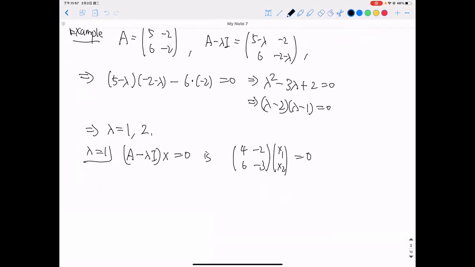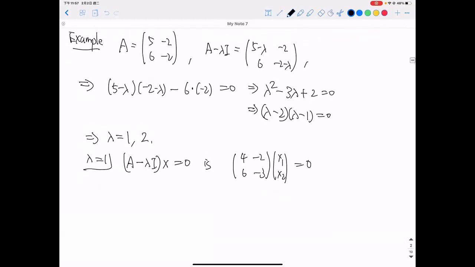So the equations in this system are 4x1 minus 2x2 equal to 0, 6x1 minus 3x2 equal to 0.